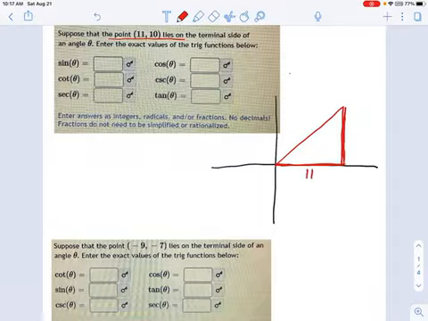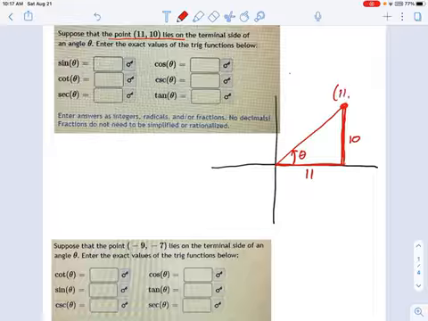That will help. 11, 10, and that gets me to this point on the terminal side of an angle theta. So here's my angle theta. The terminal side is the hypotenuse, and this point right here is 11, 10. I have almost drawn a complete triangle picture. What's missing? It's the hypotenuse. And we know the Pythagorean theorem.